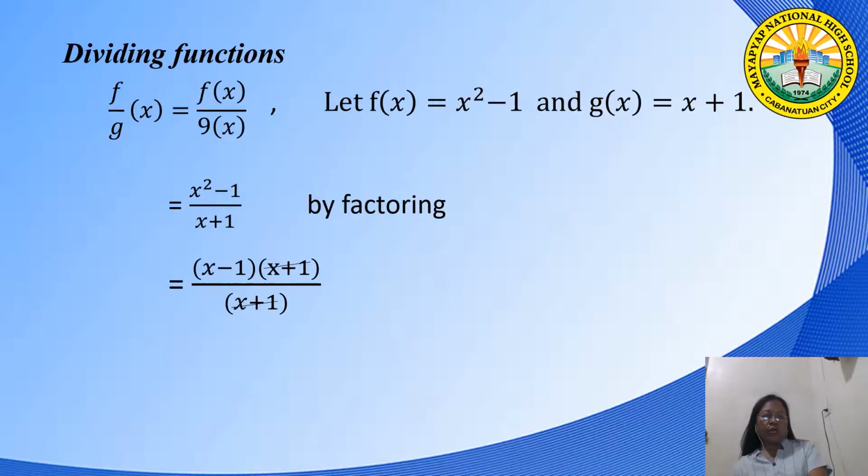So you may cancel the same factor in the numerator and the denominator. Cancel out quantity x plus 1 in the numerator and in the denominator. So finally, our f over g of x equals x minus 1.